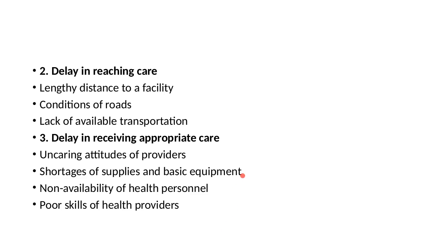Just take an example of a hospital that maybe has 2 labor wards and they don't have enough equipment to be used in both labor wards. So one labor ward will wait until the other labor ward finishes with the equipment. So this leads to shortages of supplies, or this leads to delay of receiving the appropriate care.